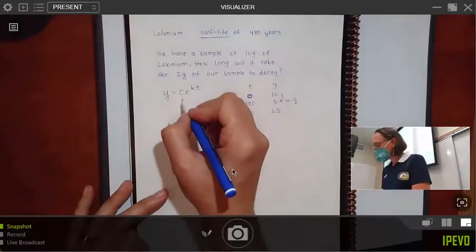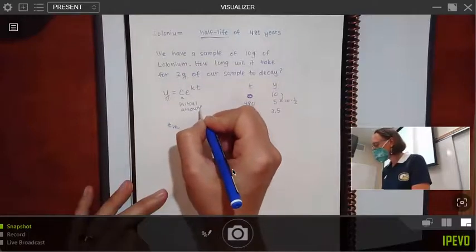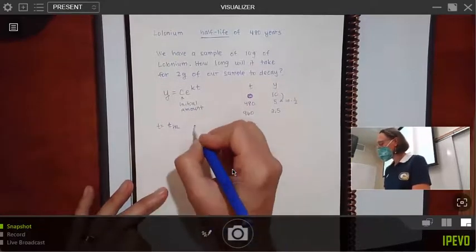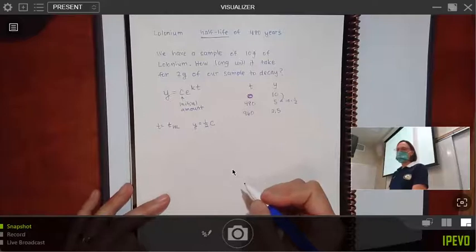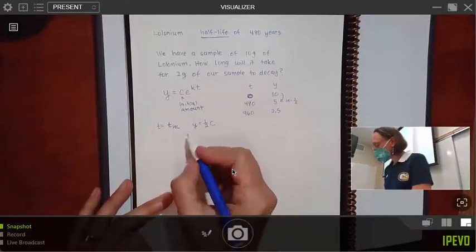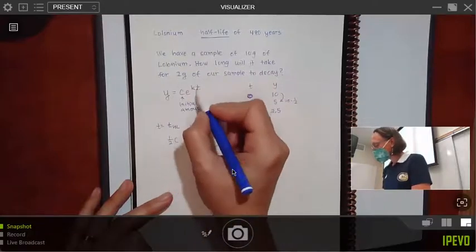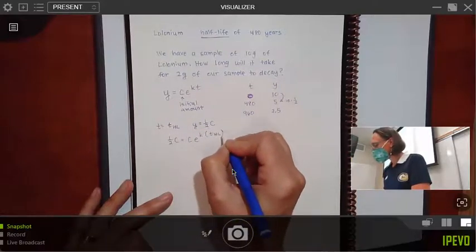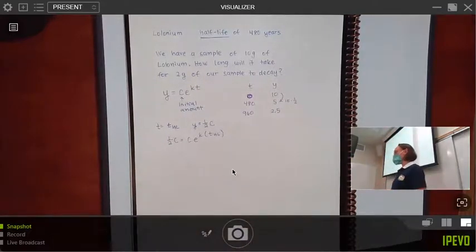So if C is our initial amount, then when my time reaches the half-life, my y value should be half of C. If I stick that in and I replace my y value with 1/2 C, and I replace my time with this thing that I'm calling T half-life, then we can actually solve for k and have a generic formula for this.